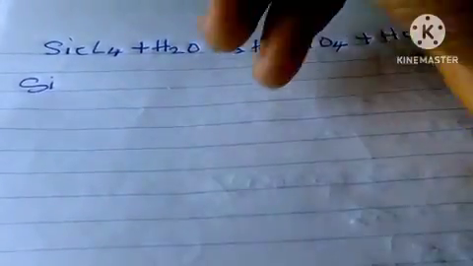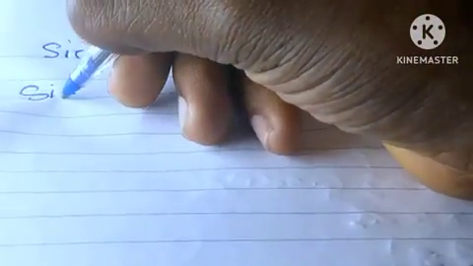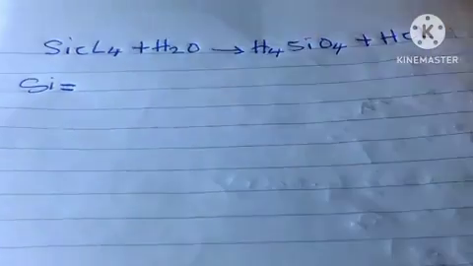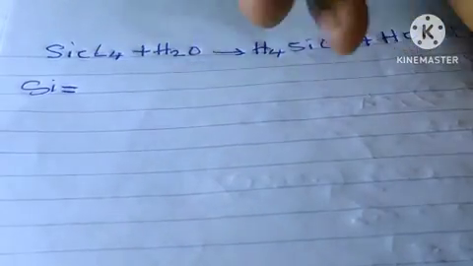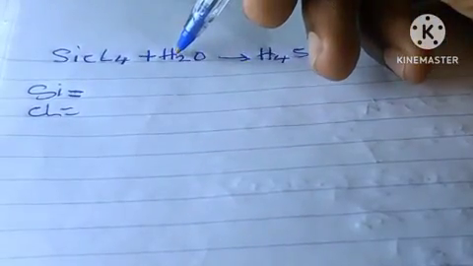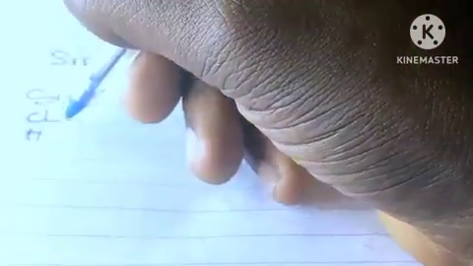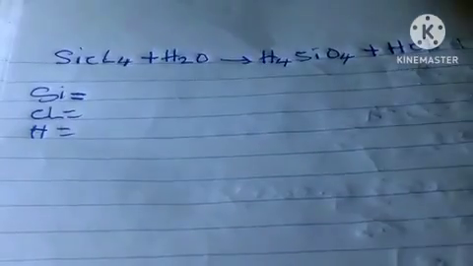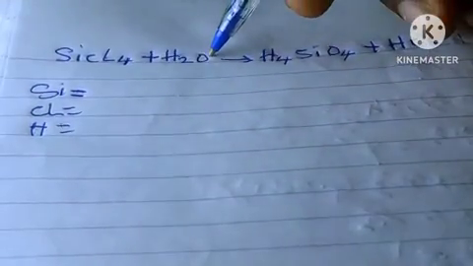The second one is chlorine. Write it out. The third one is hydrogen. Write it out. And the fourth one is oxygen. Write it out.